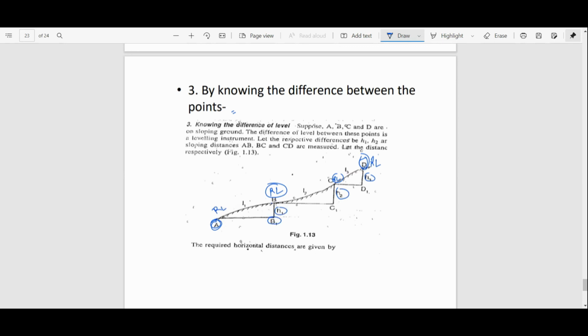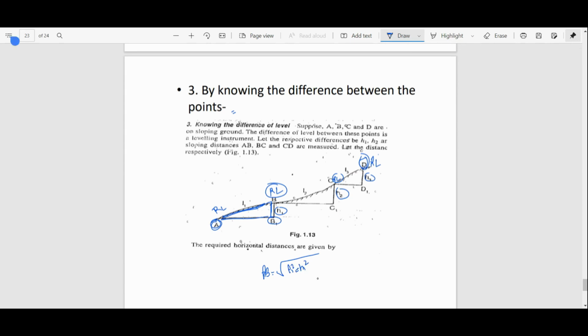Now we will use the Pythagoras theorem here because again it is making a triangle. If you want to calculate AB, AB is basically the perpendicular here. So the Pythagoras theorem says this perpendicular will be the root of L1 square minus H1 square.